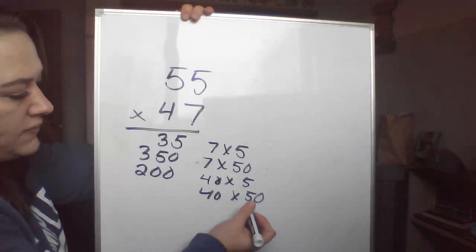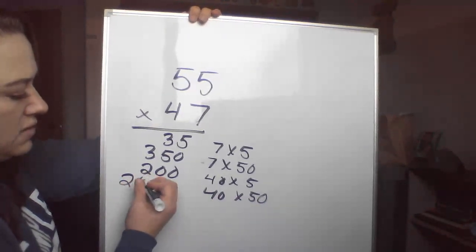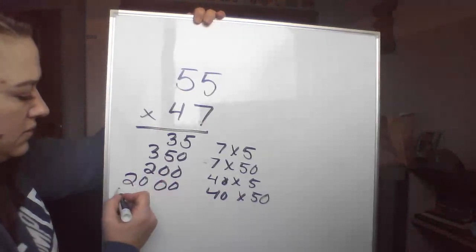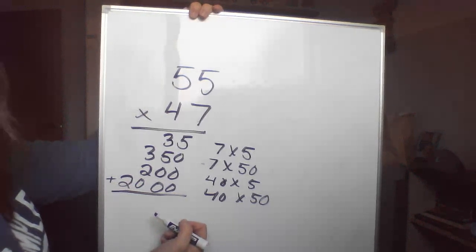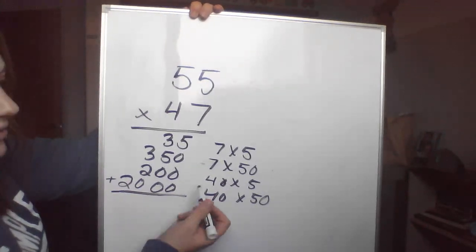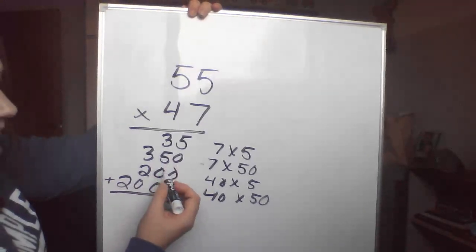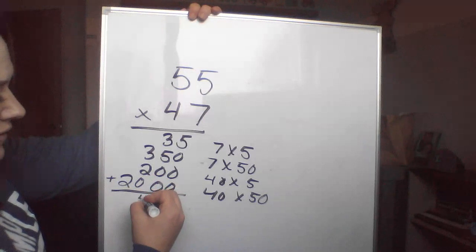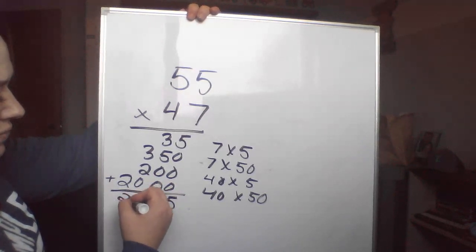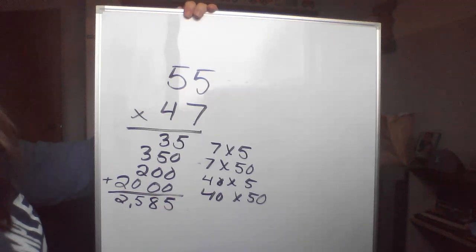And then we know 4 times 5 is 20, plus our 2 zeros gives us 2,000. And then we add those together. So we've got 5. 3 plus 5 is 8. 3 plus 2 is 5. And 2. 2,585. It's our final product.